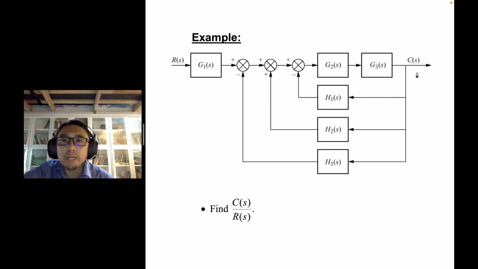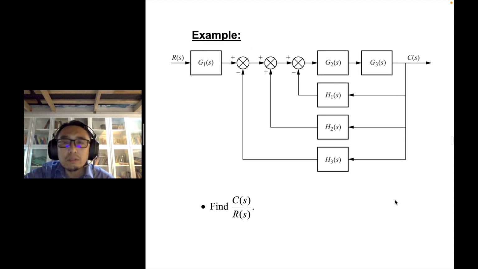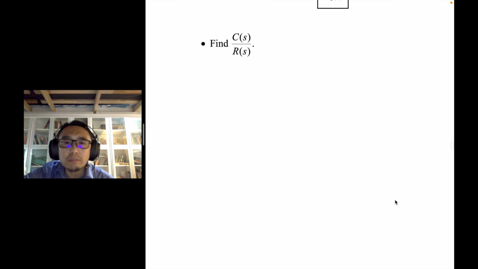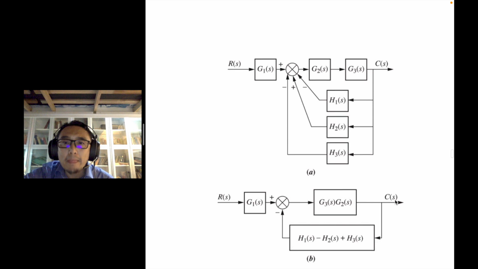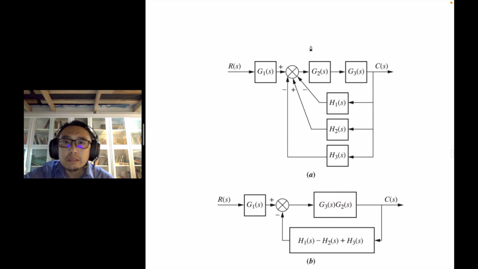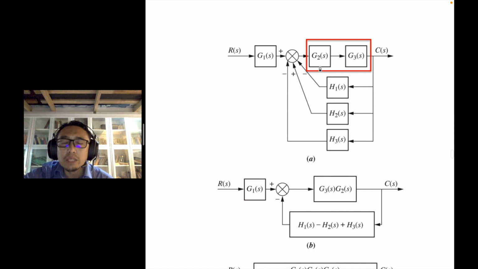We need to find the transfer function relating C and R. You can see there are several existing forms already here. So how do we solve this problem? First of all, assuming there's no loading, we can say that's the series connection, the cascade connection.